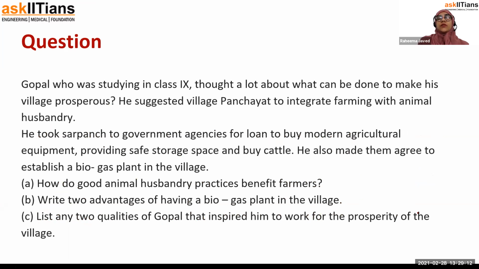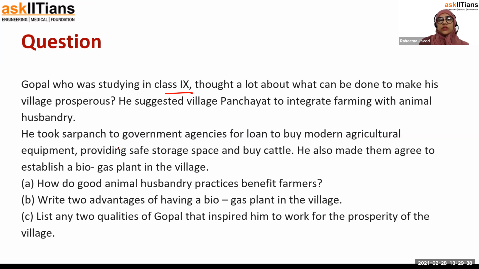Gopal, who was studying in class 9, thought a lot about what can be done to make his village prosperous. He suggested the village panchayat integrate farming with animal husbandry. He took the sarpanch to government agencies for a loan to buy modern agricultural equipment, provide safe storage space and buy cattle. He also made them agree to establish a biogas plant in the village.